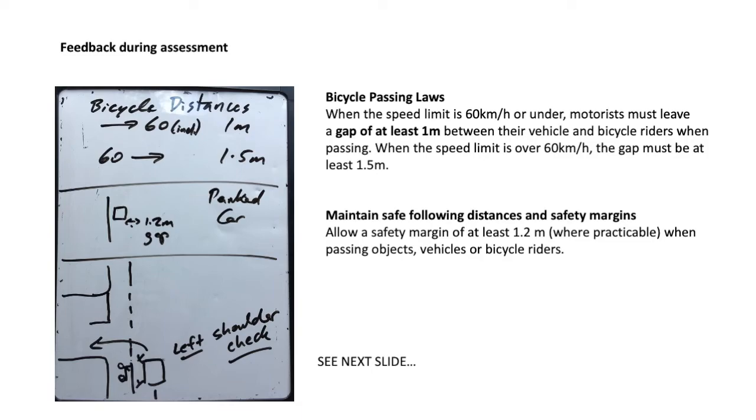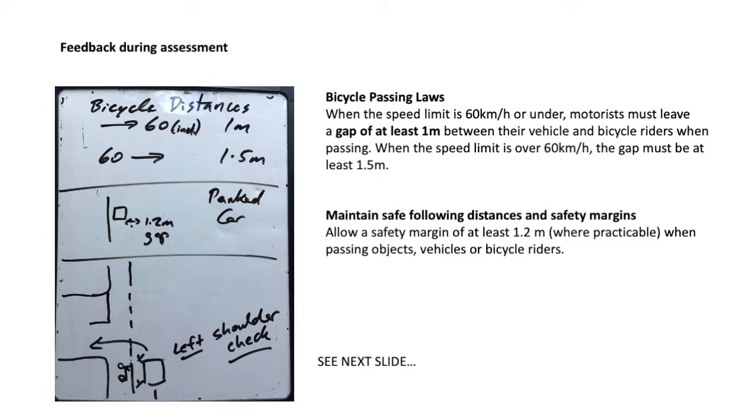And then the final one was we took a left turn, and you can see this at the bottom of the whiteboard, a left turn into a street, and I didn't see a shoulder check / head check from the learner, and there was a bike lane there, so I wanted to address that issue with them. So that was my 3 pieces of feedback.